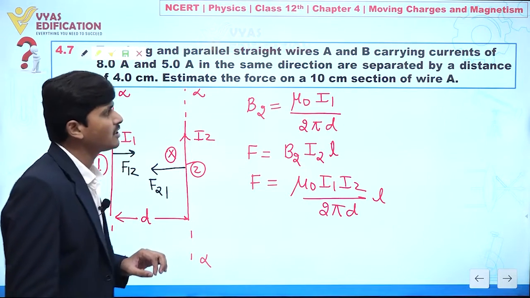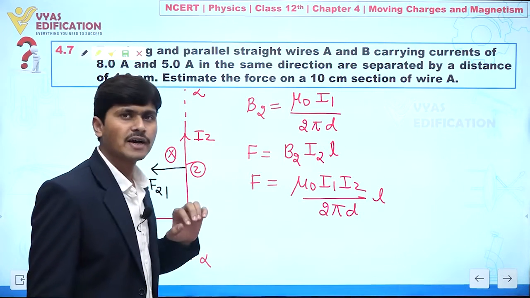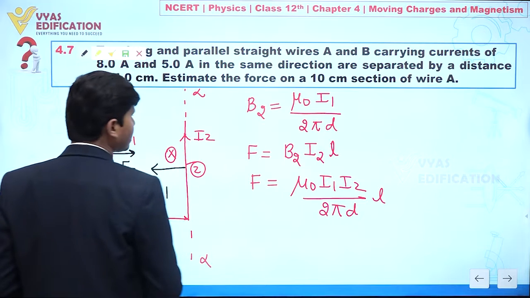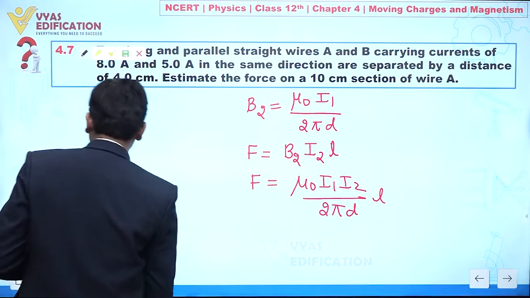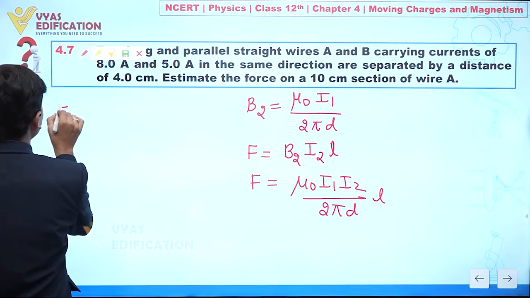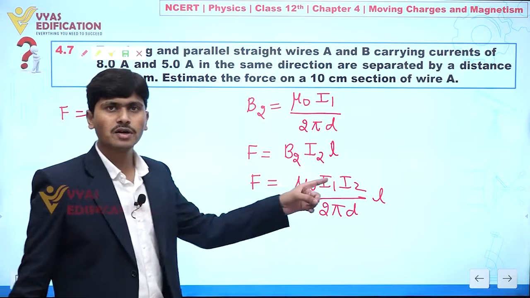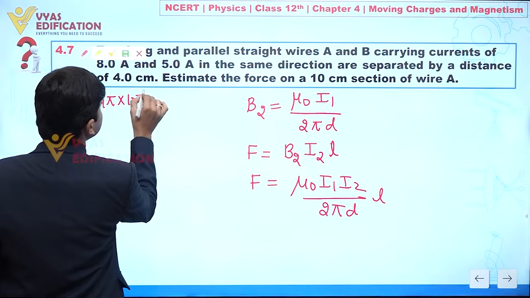Our objective in this question is to calculate the force on a 10 centimeter section of wire A. So now I am writing the values and we can get the answer. The value of force is given by mu naught I1 I2 divided by 2 pi d, multiplied by L. The value of mu naught is 4 pi into 10 to the power minus 7.